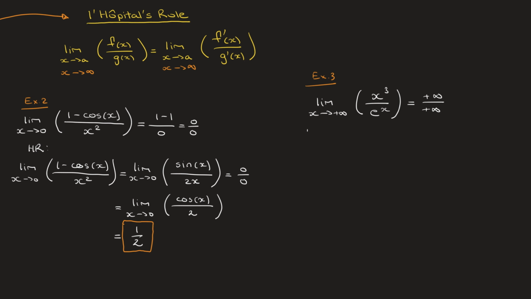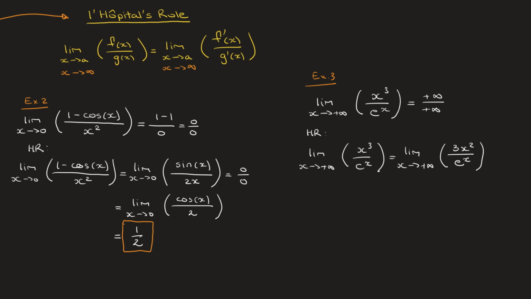And so again, I'll go ahead and write capital H, capital R here for L'Hopital's rule, and I'll go ahead and state that the limit as x tends towards plus infinity of x cubed over e of x is equal to the limit as x tends towards positive infinity of the derivative of x cubed, which is 3x squared, over the derivative of e of x, which is just e of x.